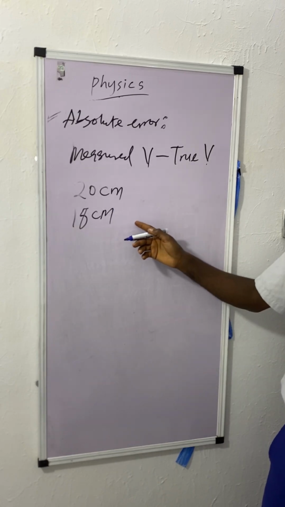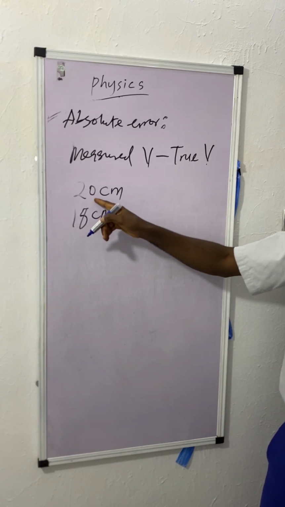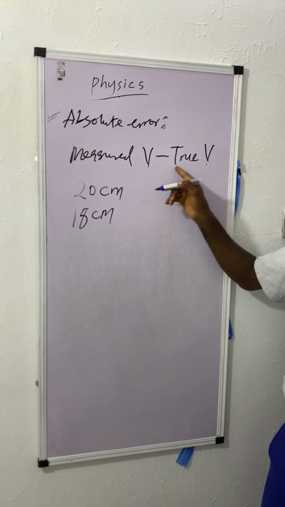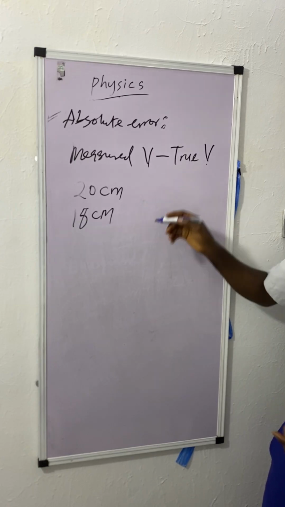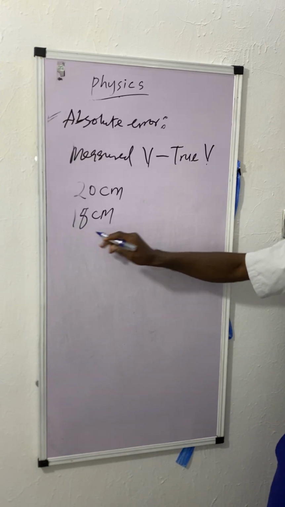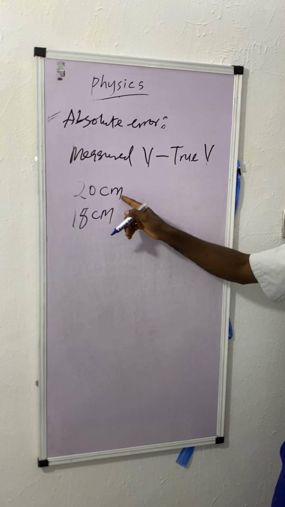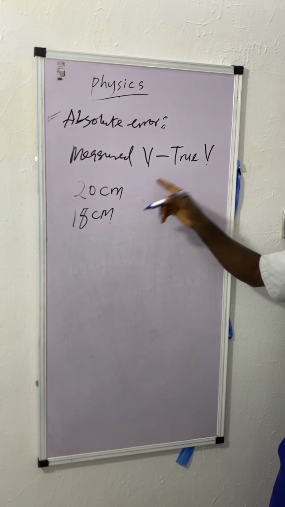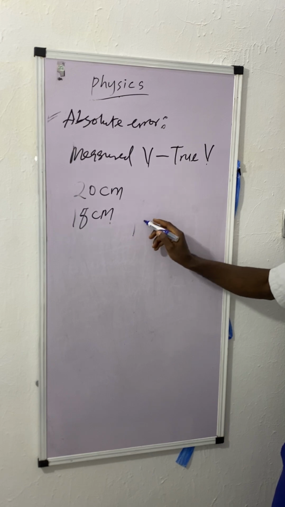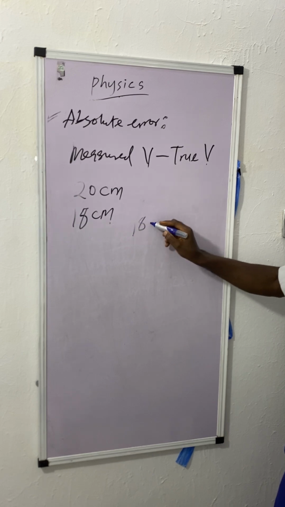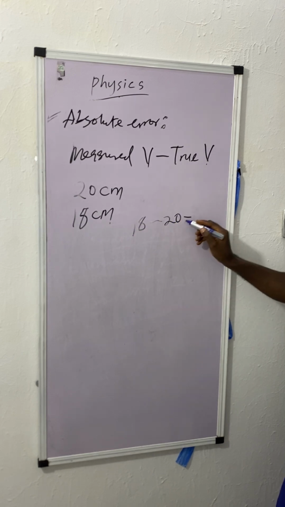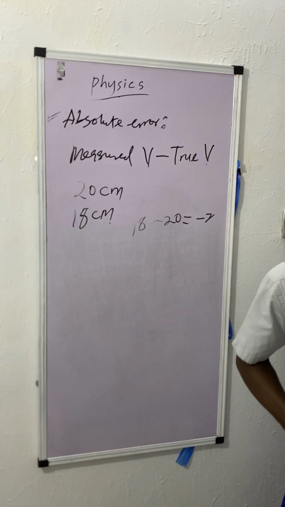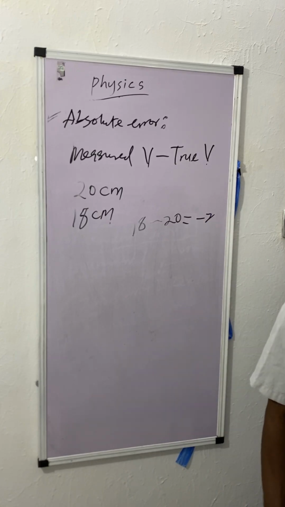So what am I going to do? I'm going to subtract the true value from my measured value. My measured value is 18 centimeters minus 20. That is going to give us minus 2. So that is the absolute error.